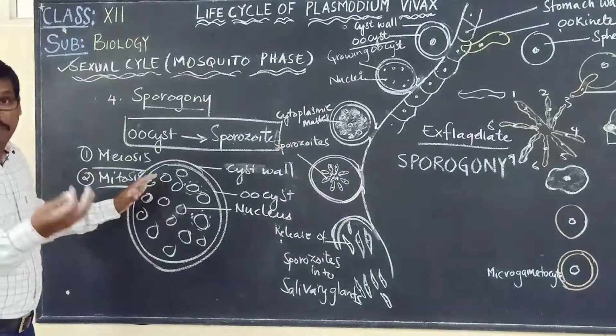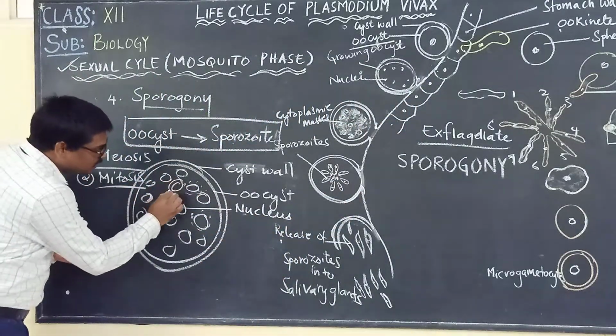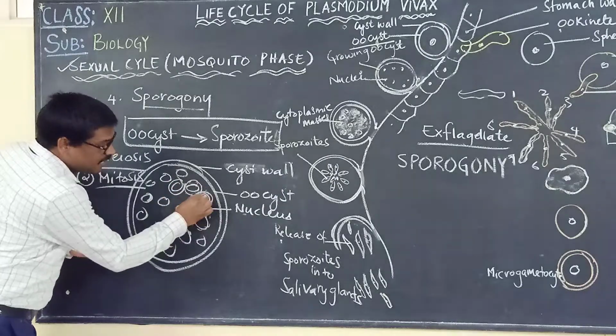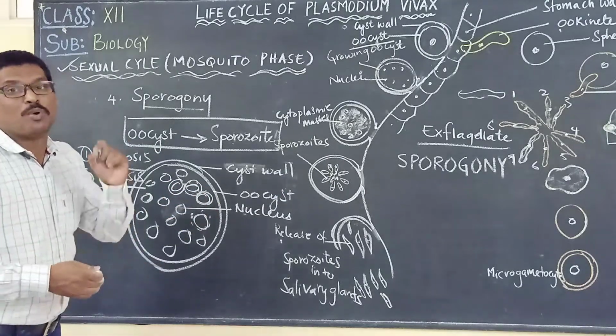And what will they form now? Once each one is surrounded by the cytoplasm, each one will develop into a sporozoid.